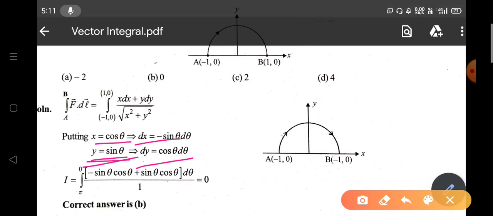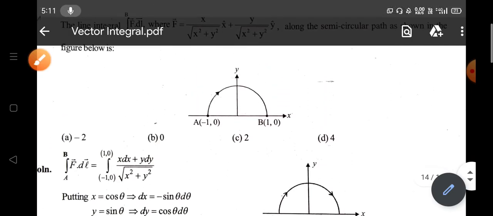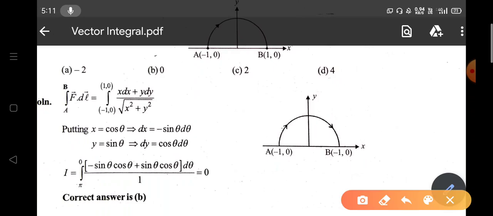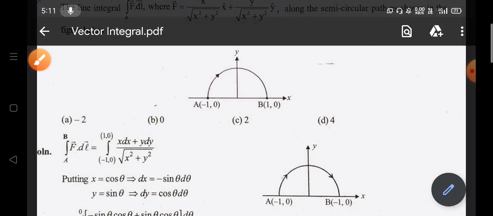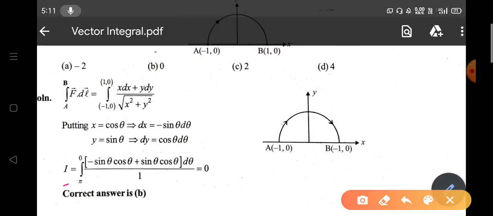The integral will be converted to the polar coordinate form, over this path going from minus pi to 0. So x dx will be cos theta into minus sin theta, and y dy will be sin theta into cos theta, and d theta will be outside. So minus sin theta cos theta plus sin theta cos theta will give you 0.